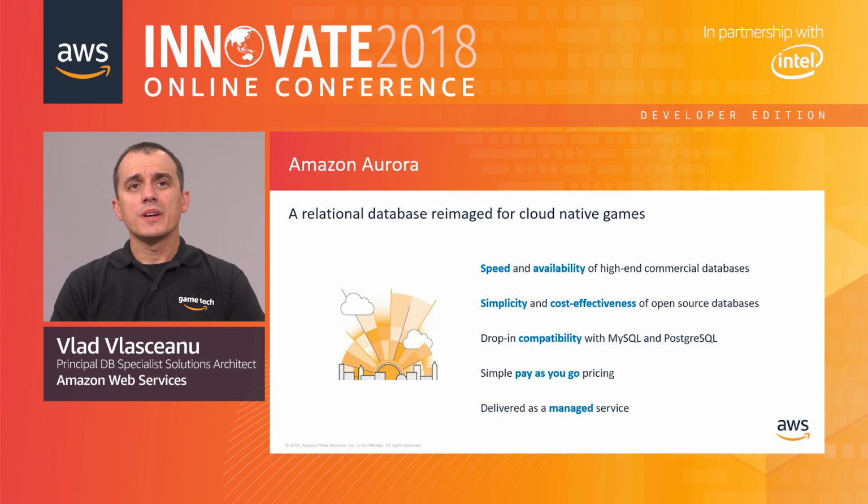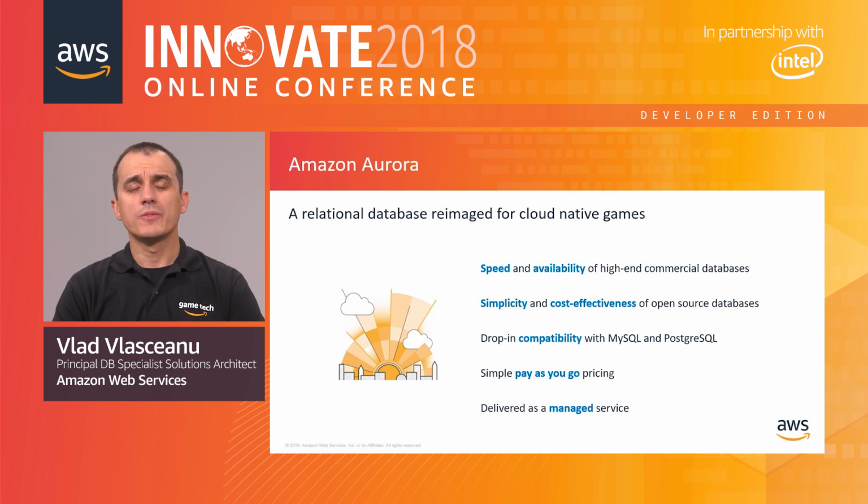And Amazon Aurora is a great fit for gaming workloads because we took essentially the traditional monolithic database engine and broke it apart. We've built a decoupled infrastructure where we've decoupled compute from storage. So now Amazon Aurora provides a purpose-built, log-structured, highly distributed storage service that can scale as your data set grows.